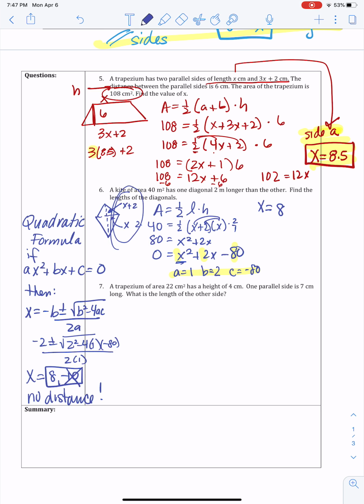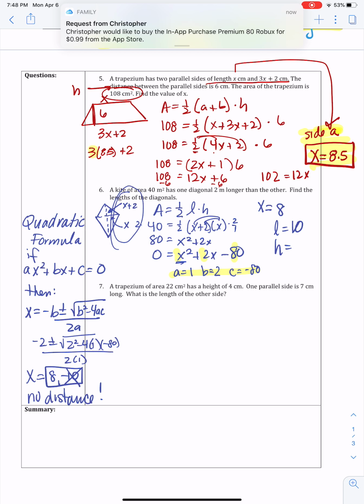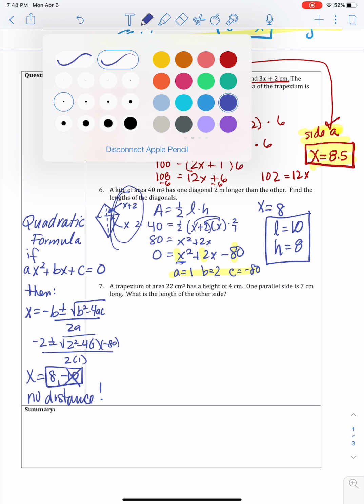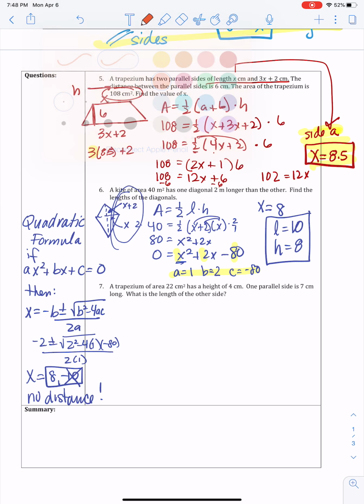That means that one length is x, which is 8, and the other length is 10. So those are the lengths of the diagonals. The last one won't be near that ugly, I promise.